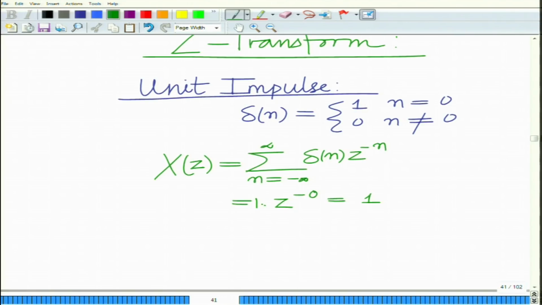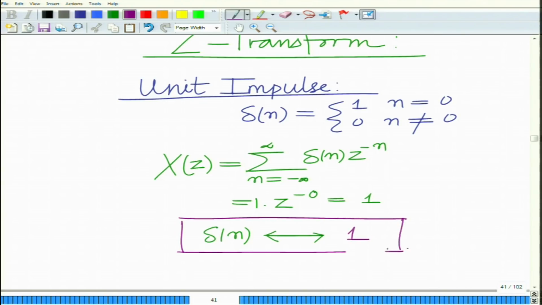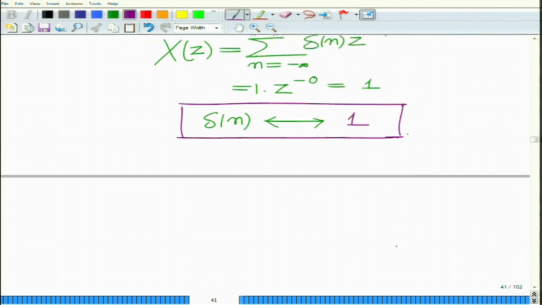So, this is 1 times z raised to minus 0, which is equal to 1. Okay. So, the Z transform of delta n is basically unity.